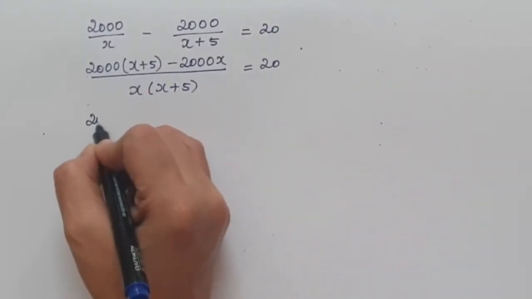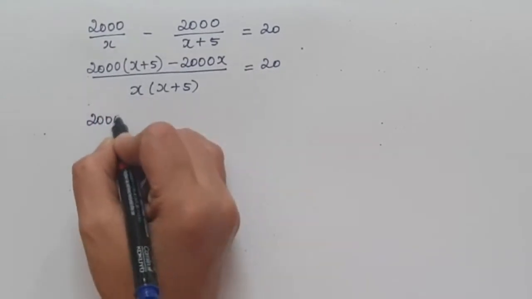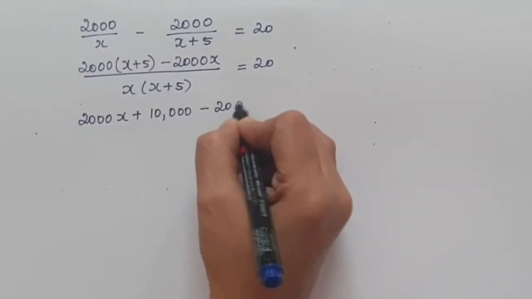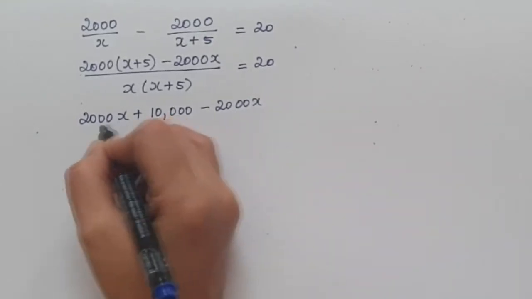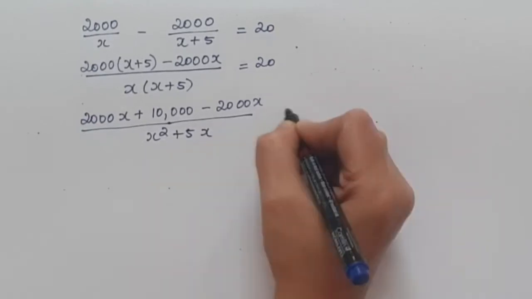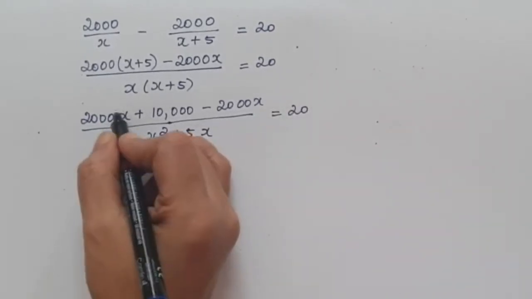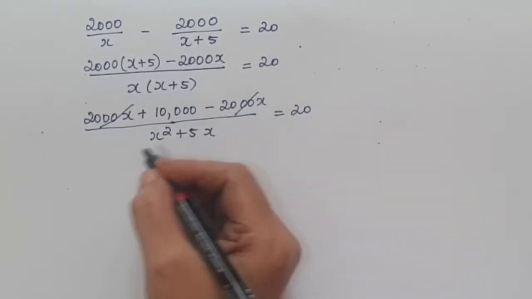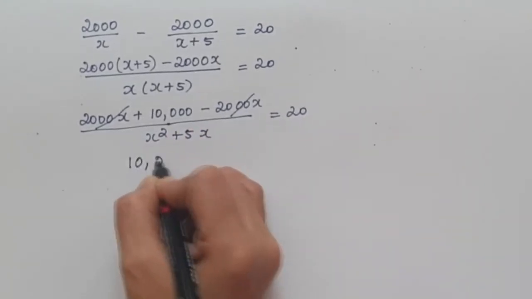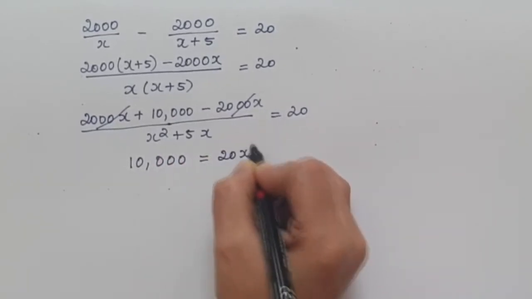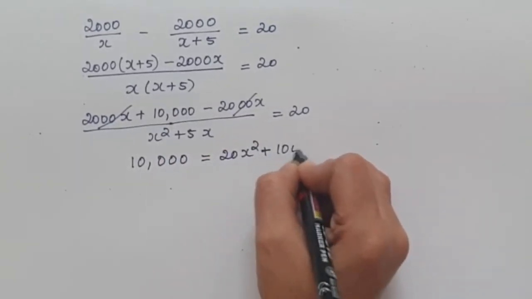So now when we multiply this 2000 inside, 2000x plus 10,000 minus 2000x divided by x square plus 5x will be equal to 20. This 2000x and 2000x will get cancelled. So we are left with 10,000 will be equal to 20 into x square plus 5x.